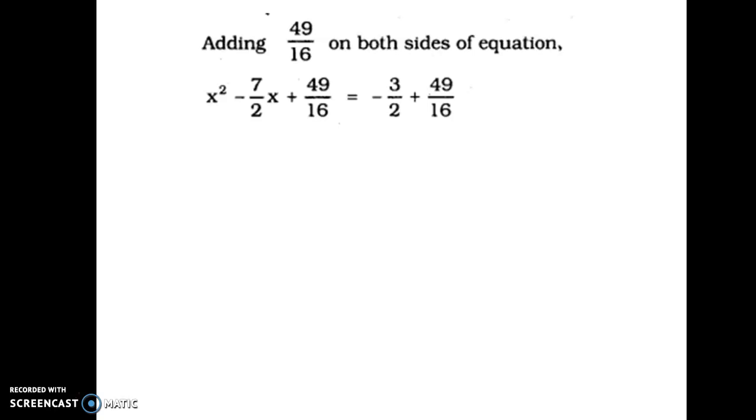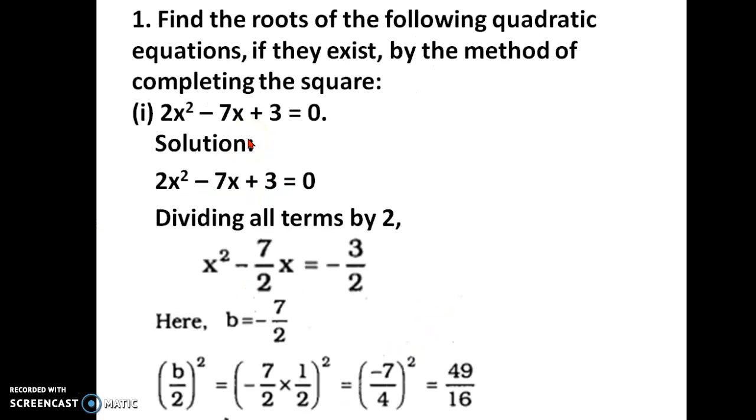What we are supposed to do is, in the LHS, bring it into the identity form, that is a plus b the whole square or a minus b the whole square.